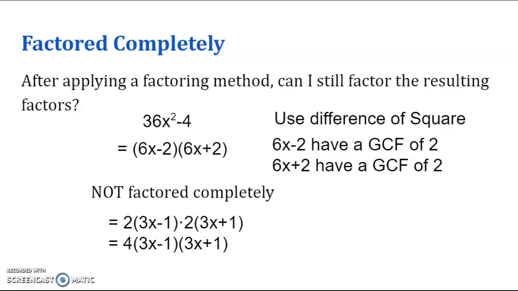So this is not factored completely. You need to factor out 2 from the first factor and 2 from the second factor, and now it becomes 4 times 3x minus 1 multiplied by 3x plus 1. So at this point, the final answer is factored completely because there are no other factors to take out.